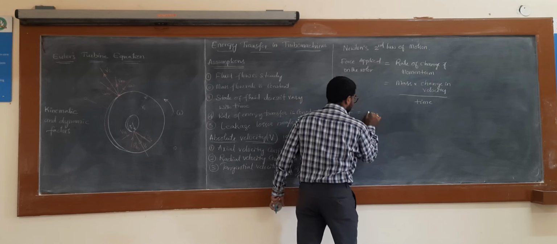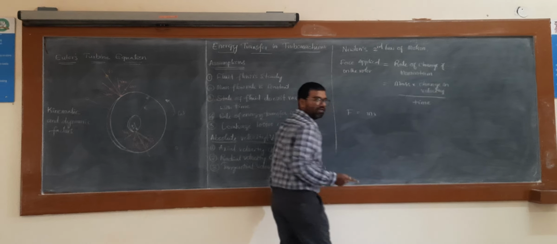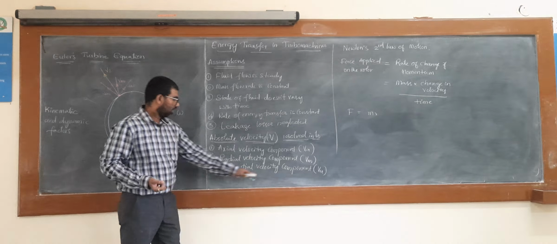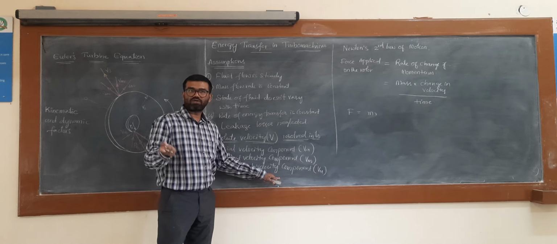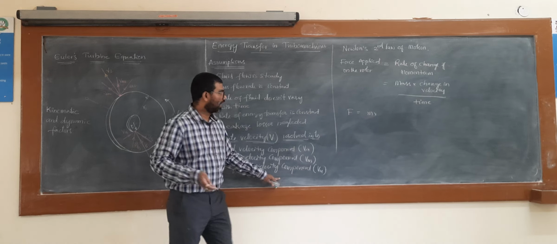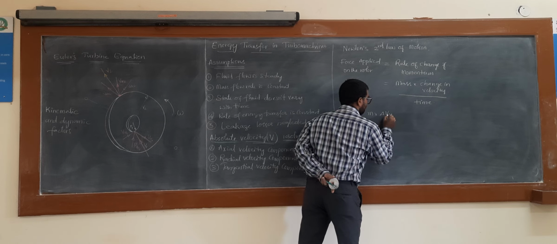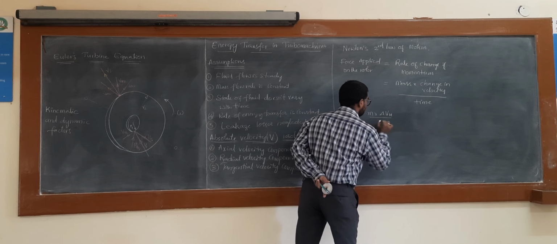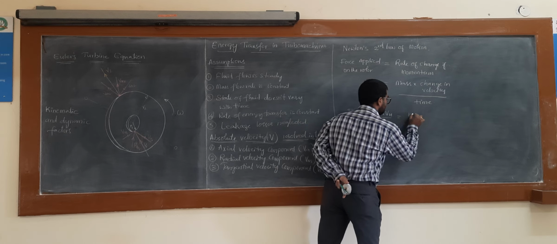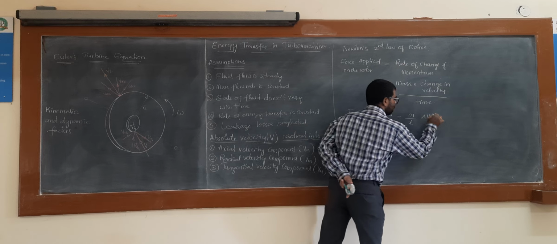The mass of the fluid is M. Change in velocity. Here, which velocity component we need to consider out of these three? Tangential. The tangential velocity component we need to consider, because that will cause the tangential movement of the rotor. So change in tangential velocity component divided by time. Or this equation you can write as m by t delta v.